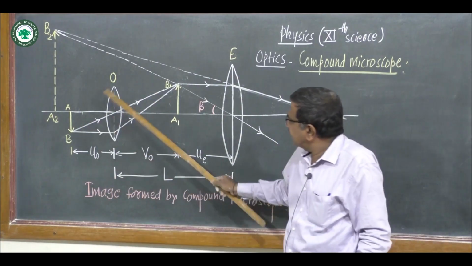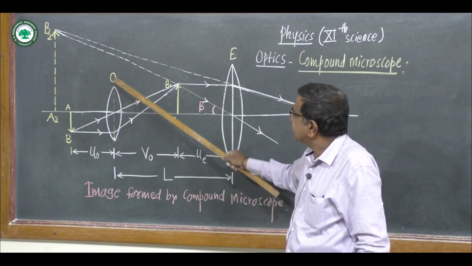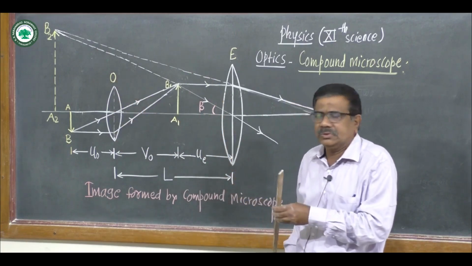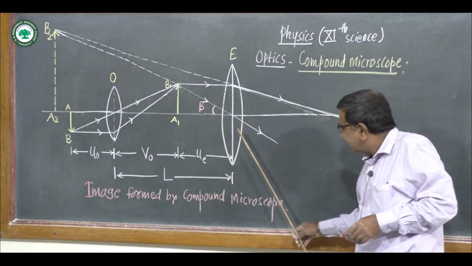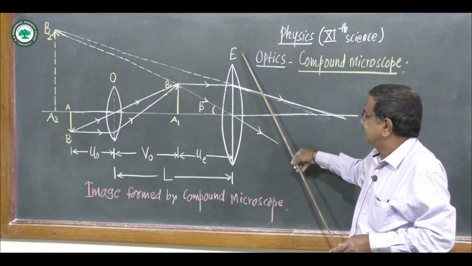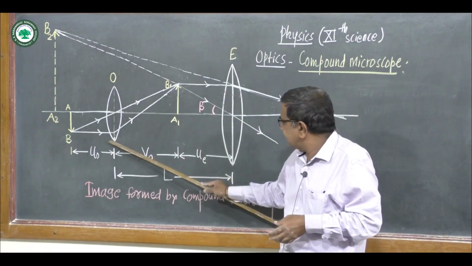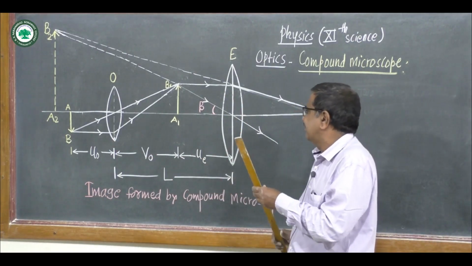Here, this small size, small focal length convex lens is the objective, denoted by O. This convex lens having large size and large focal length is called the eyepiece. They are fixed in a tube, and the distance between these two lenses can be changed.